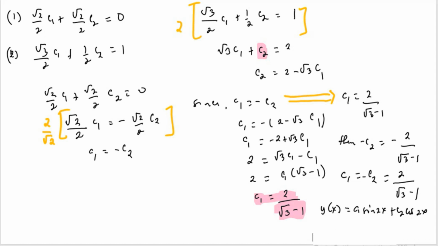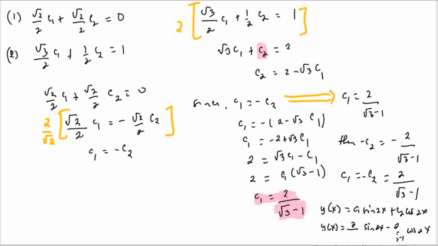By substitution, y of x is equal to 2 over square root of 3 minus 1 of sine 2x, plus c sub 2 of cosine 2x. We know that c sub 2 is the negative of 2 over square root of 3 minus 1, so we have negative 2 over square root of 3 minus 1 of cosine 2x.